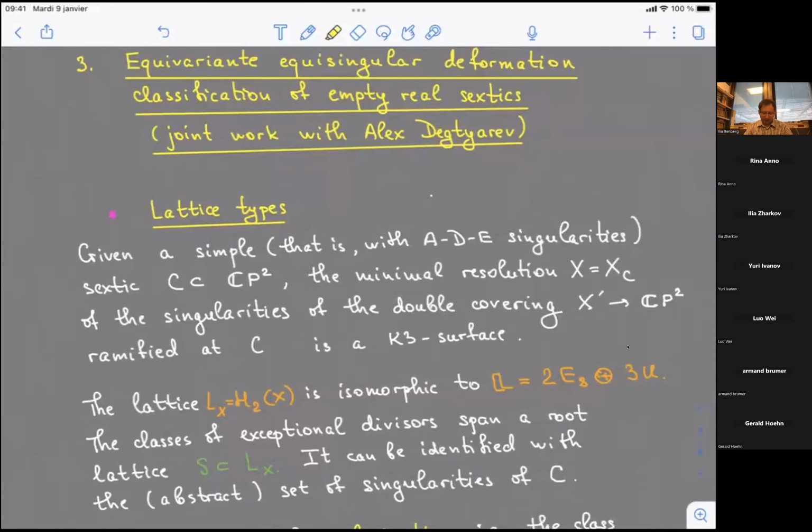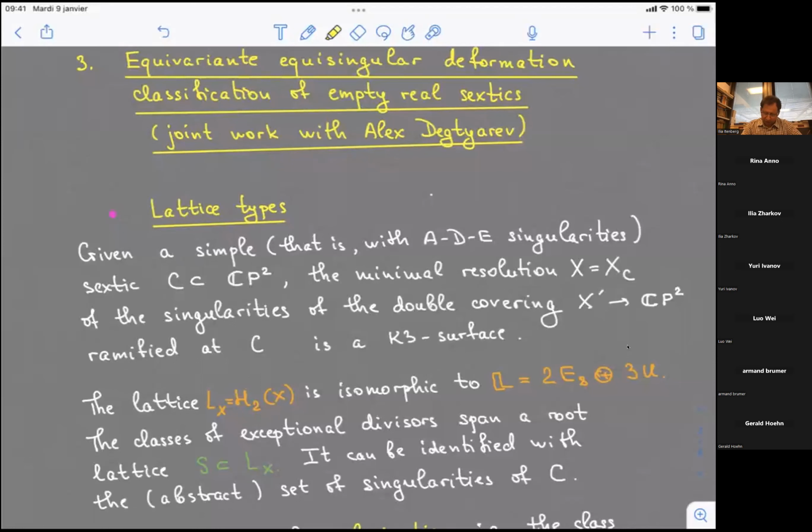In fact, it's of course a restriction, but it's not a very serious restriction. Of course one can deal easily with the case of non-reduced empty sextics, and one can easily deal with the case of reduced non-simple sextics. I will mention this remark a little bit later. But let's assume that our sextic is simple, so all the singularities are of ADE type.